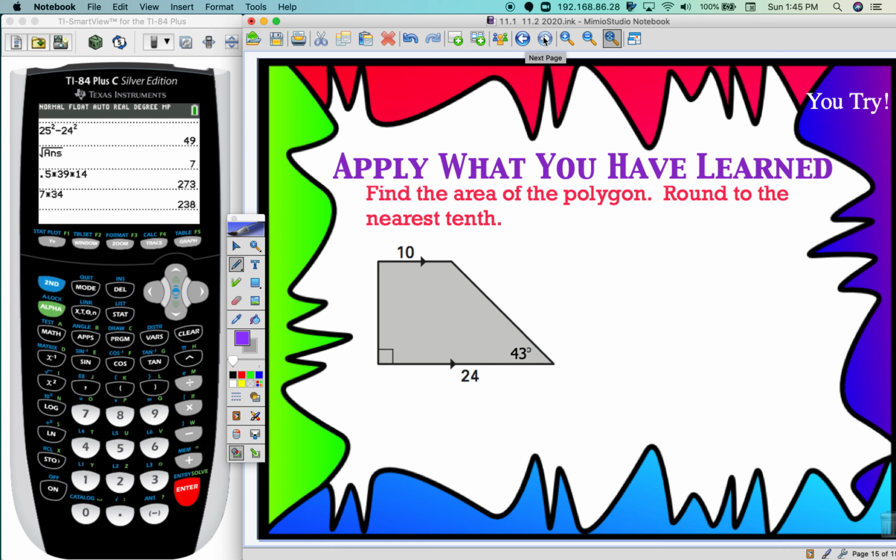Last example, the only thing I did was change the 45 to a 43. And so again, it's just something with right triangles, but this time it's not a special right triangle, but instead just basic trig that's going to get there. So again, if you drop this down and make this your height, and you know this is 14, same formula, same problem as the last one where we don't know our height.